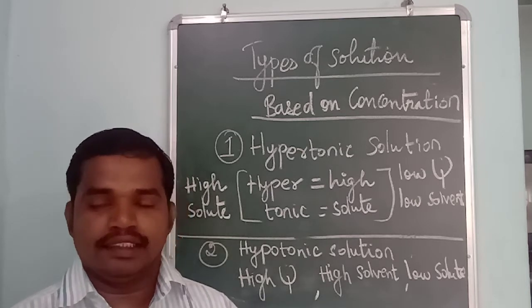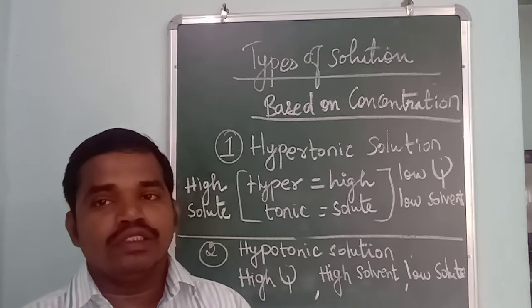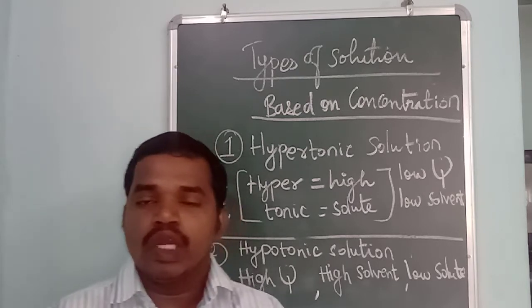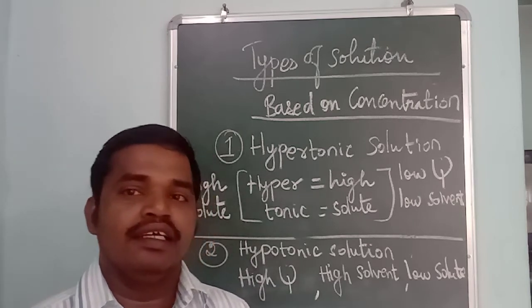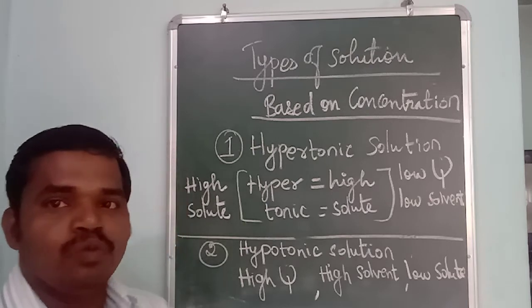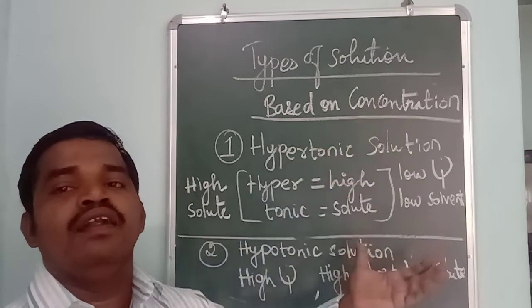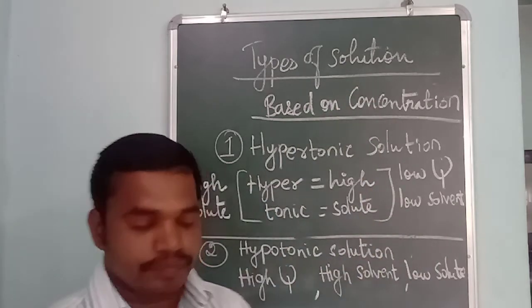The concentration of solution inside the cell and outside of the cell are equalized, so the net value is zero. Okay, let's move on to what will happen to the cell when it's placed in these kinds of solutions.